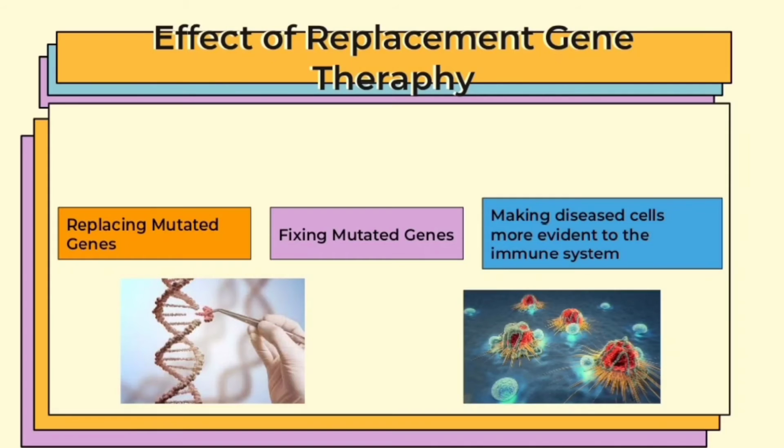The third thing is to make disease cells more evident to the immune system. In some cases, our immune system doesn't attack the diseased cell because it doesn't recognize it as an intruder. So scientists and doctors could use replacement gene therapy to train our immune system to recognize the cells that are a threat.